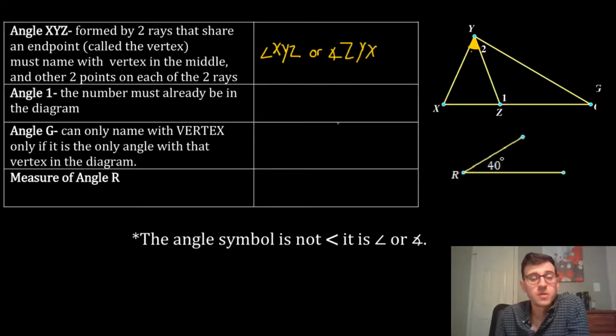Okay, so sometimes you'll see angles that are numbered. For instance, angle 1. Right, angle 1, you could write it like this, angle 1.